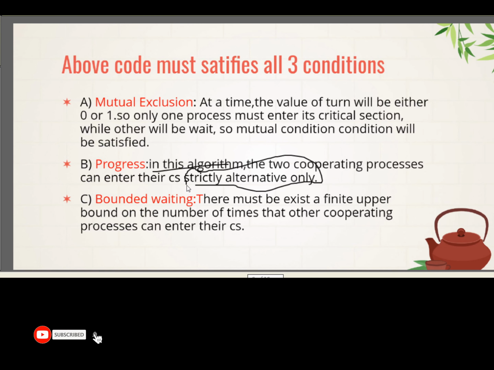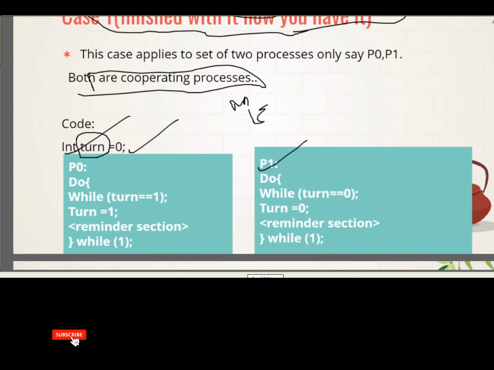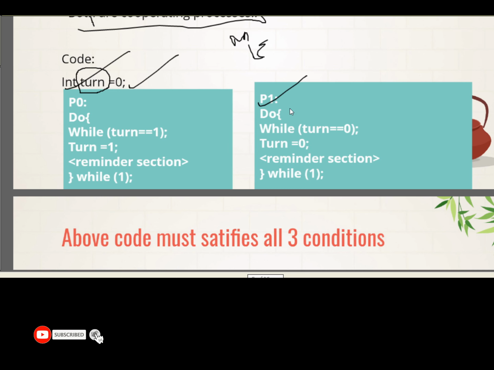What is alternately only? It means if P1 is to enter its critical section, P1 must wait. Here we have to initialize the value of turn, which is set to 0. Then first only P0 can enter its critical section, followed strictly by P1.